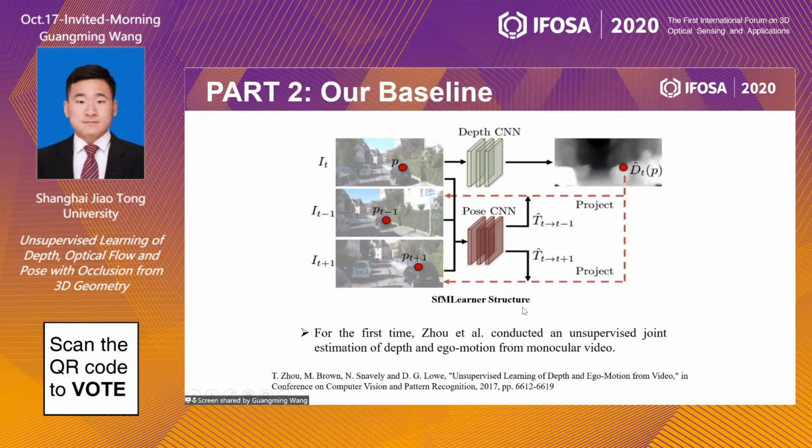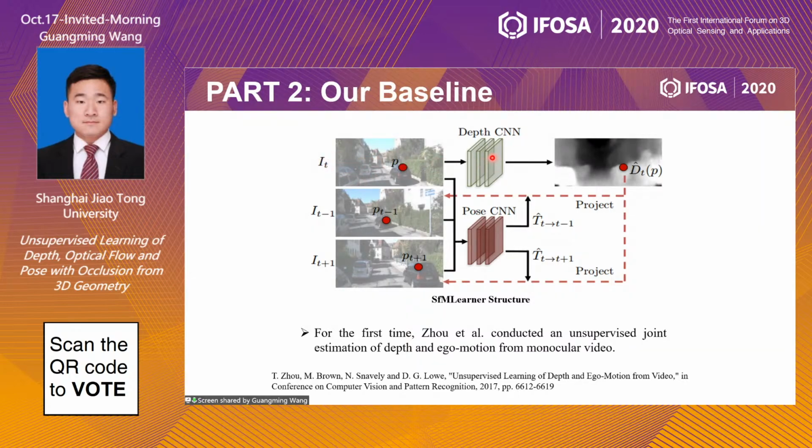Related work. Our work is inspired by this work. For the first time, Zhou et al. conducted the first unsupervised joint estimation of depth and motion from just monocular video. In their system, they have 3 images as input.